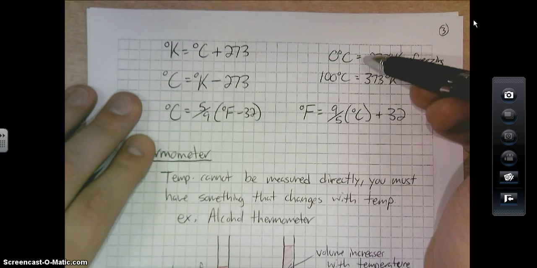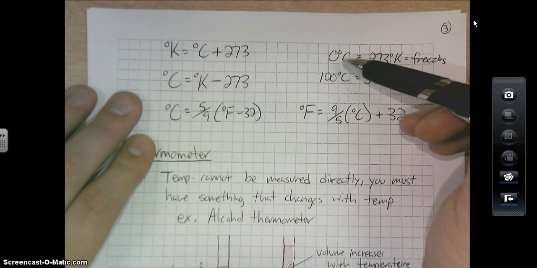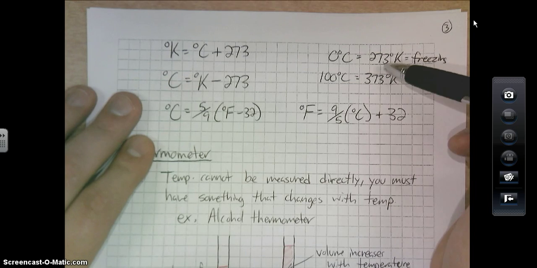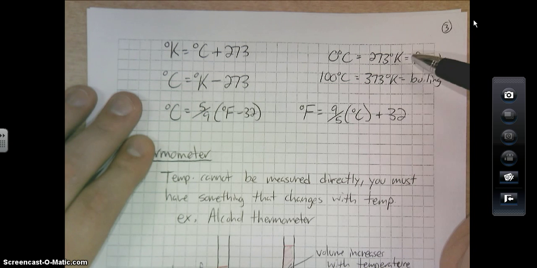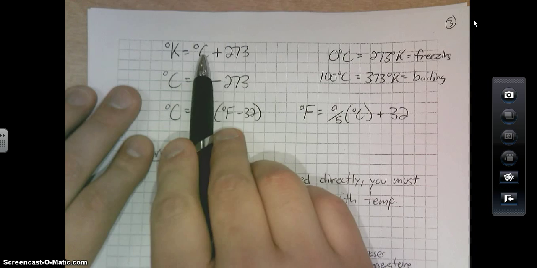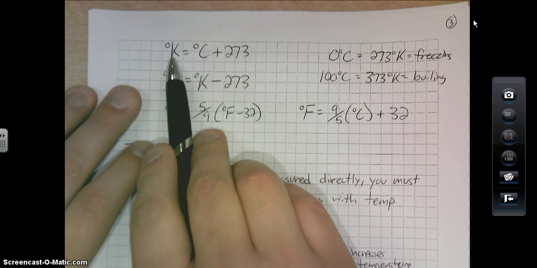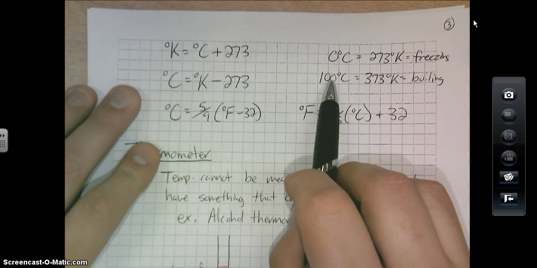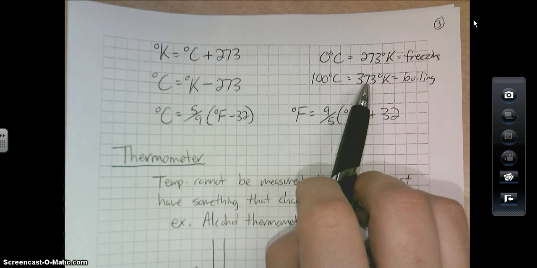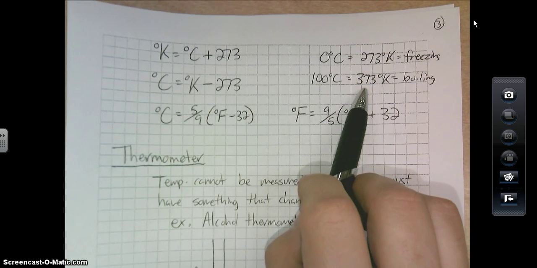I've given you a couple of milestone points here. 0 degrees Celsius is the freezing point of water. That would be 273 on the Kelvin scale, which makes sense, because if this is 0 and we add 273, then there we've got the Kelvin temperature. And 100 degrees Celsius is the boiling point of water, which would be 373 Kelvin.